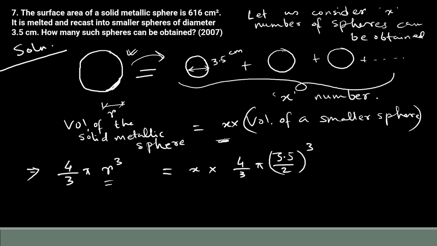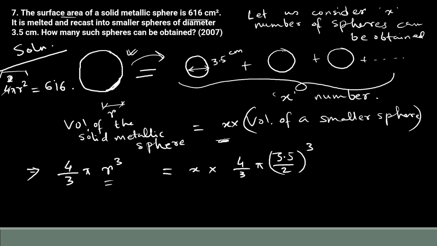You need to know the value of r. For that, they have given you the surface area of the solid metallic sphere as 616. So what is the surface area of a sphere? 4 pi r square, right? 4 pi r square is given as 616. And the volume of a solid metallic sphere is 4 by 3 pi r cube.